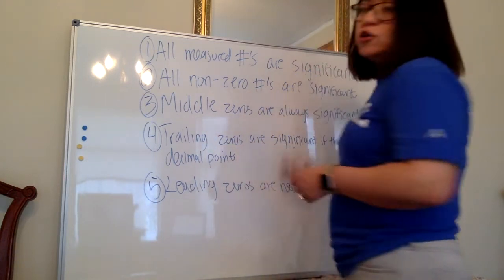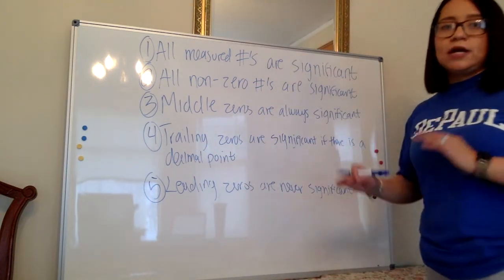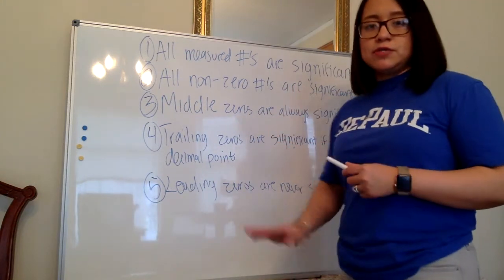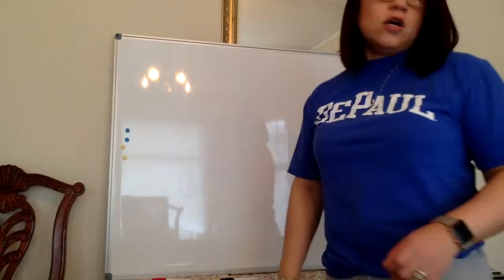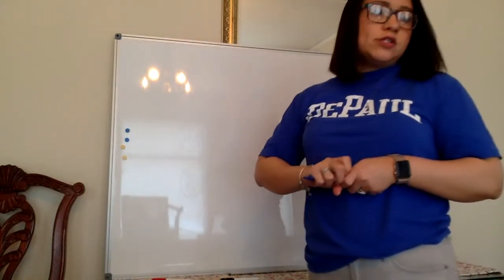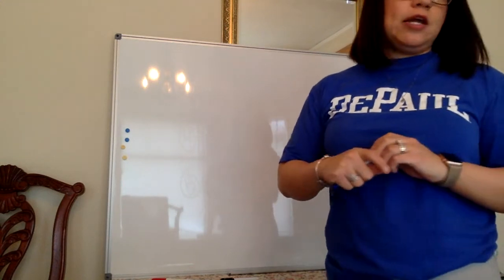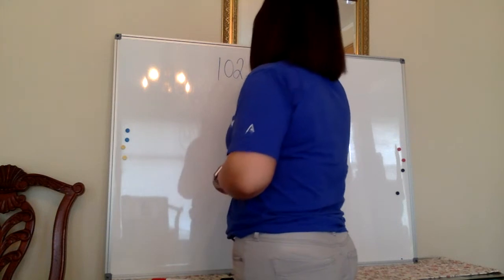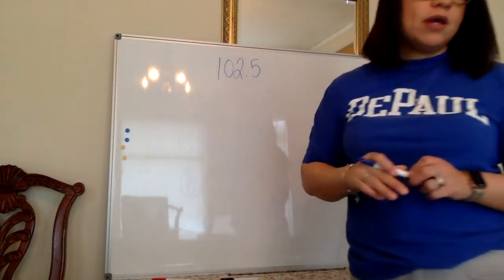So right now I want you to look at these rules. These are just rules right now. They might not make too much sense, but once we actually start doing examples, I feel like they will make a lot more sense. So let's start with the next slide. What is a middle zero? Middle zeros we know are important. Let me give you an example of a middle zero: 102.5. And again, this goes along with your PowerPoint.